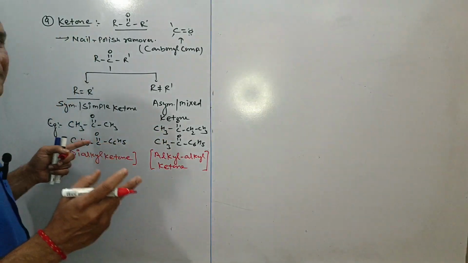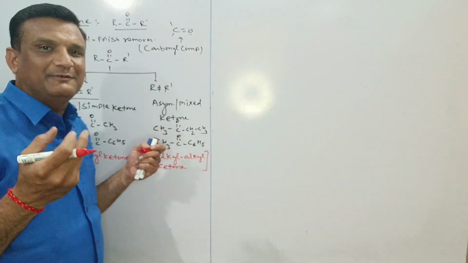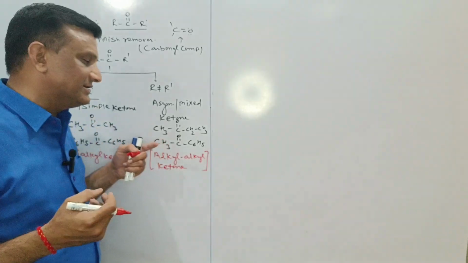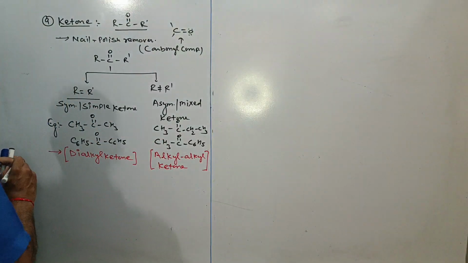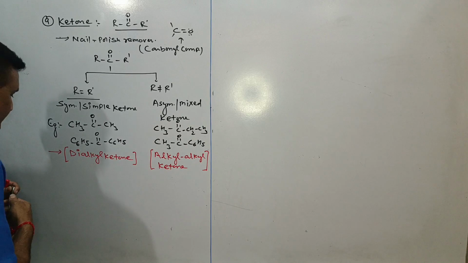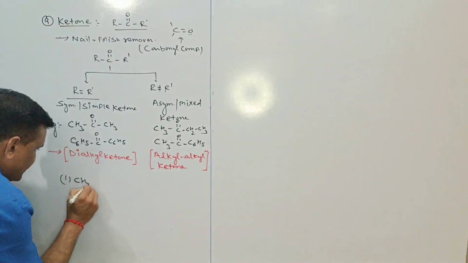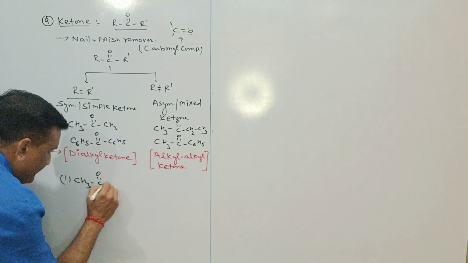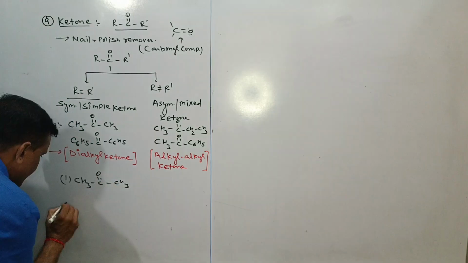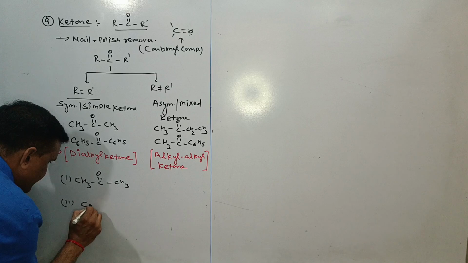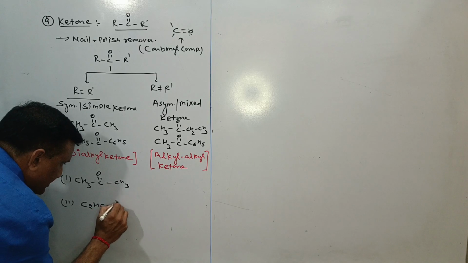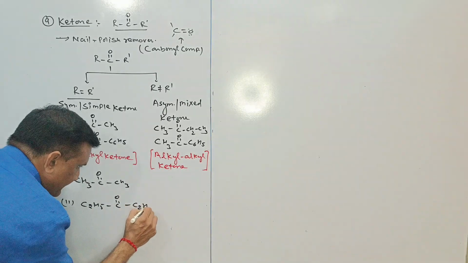So as I am popular for practice also, because we focus more on practice, let us take the first compound, CH3 CO CH3. The second compound is C2H5 CO C2H5.